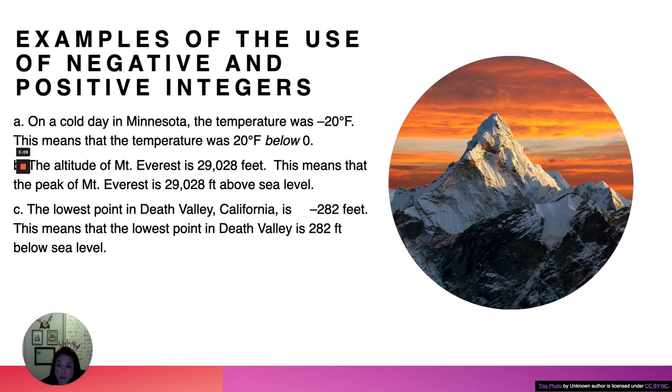This means that the peak of Mount Everest is 29,028 feet above sea level. C, the lowest point in Death Valley, California is -282 feet. This means that the lowest point in Death Valley is 282 feet below sea level.